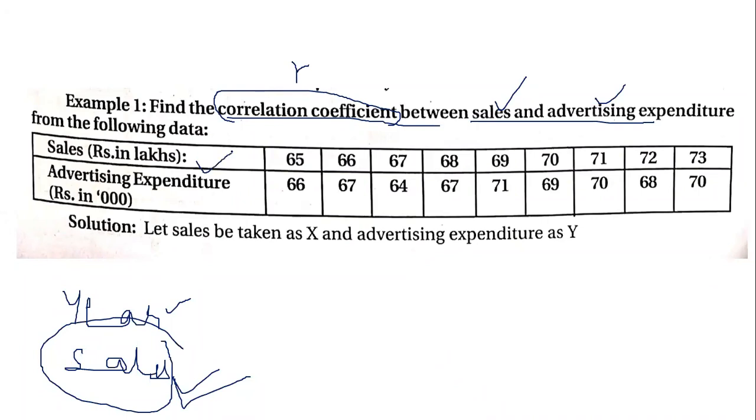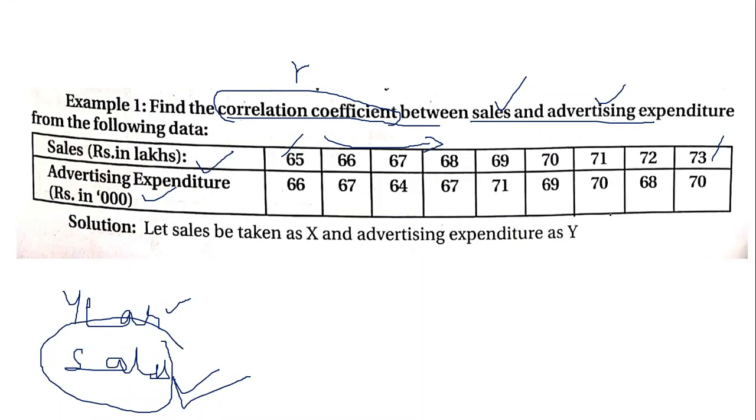They have given us sales in lakhs and advertisement expenditure in thousands. Now, if you see the advertisement expenditure, it starts from 65 and ends at 73. So it is increasing. 65, 66, 67, the amount of sales is increasing. Now, how is the advertising expenditure moving? It started from 66, 67, 64, it went down, again it came up, again went up, came down.